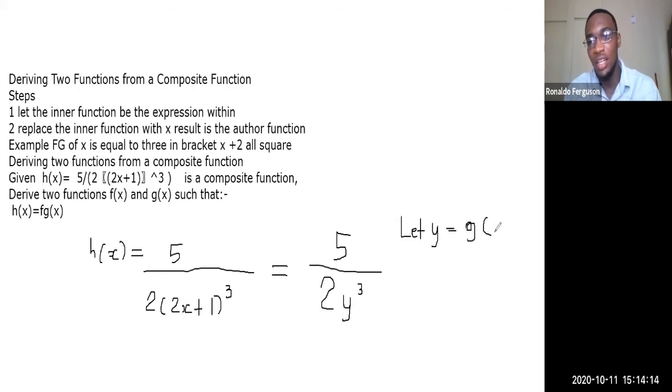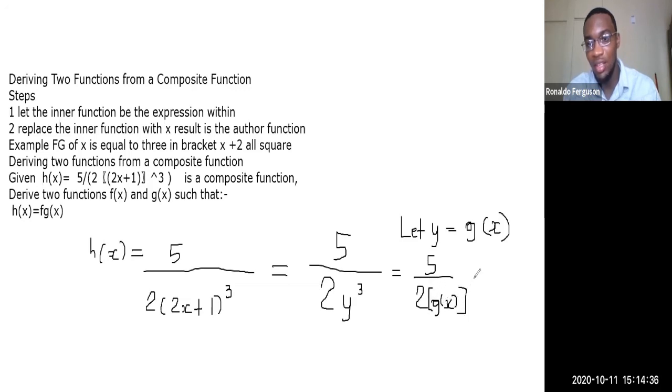If y is g of x, then this function is really 5 over 2 times g of x, all cubed.